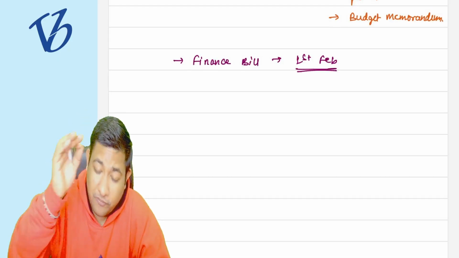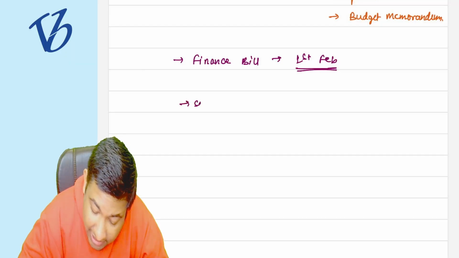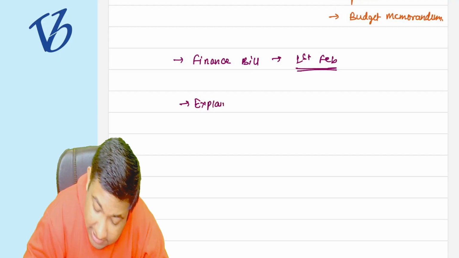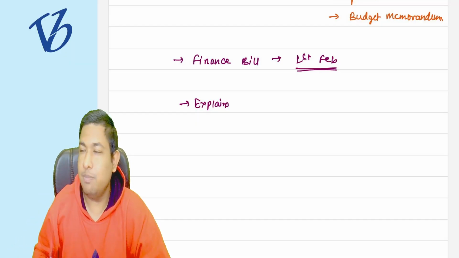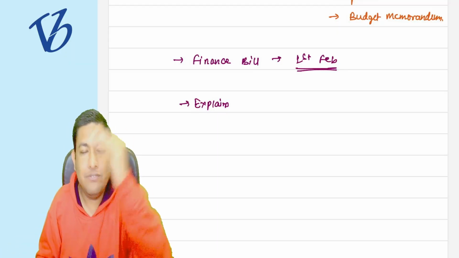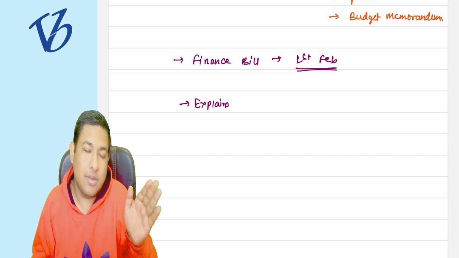While doing the modification or changes, she explains that we are going to change this, why we are going to change this, how many people are going to be impacted with this particular change, whether it is a positive change or not. Everything she is going to explain in her budget speech.